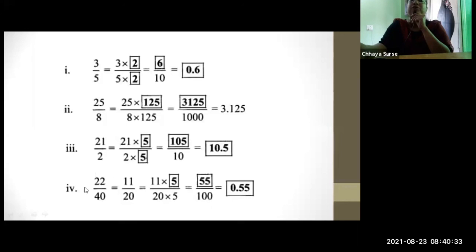So you should keep this point in your mind. When you are converting a common fraction, it should be converted into a power of 10. The power of 10 is very important to convert into a decimal fraction. Understood all of you? Clear this topic?